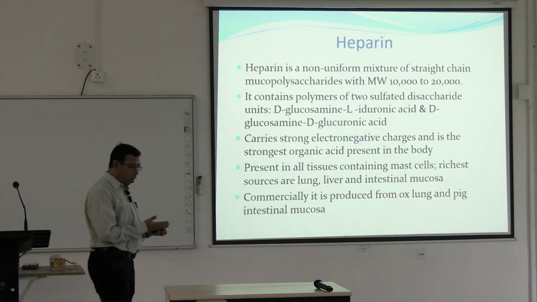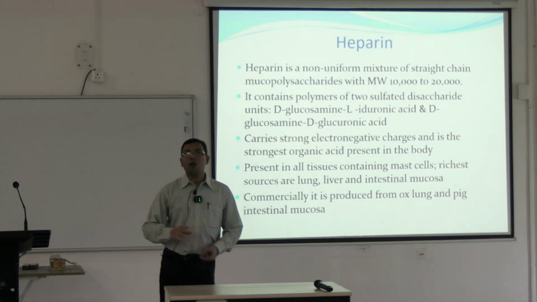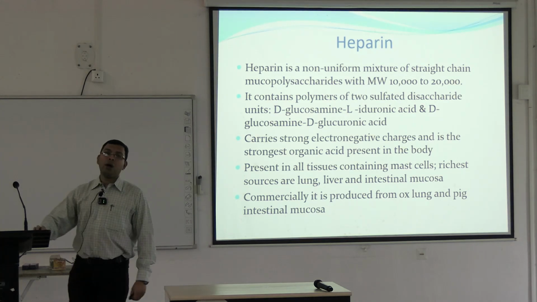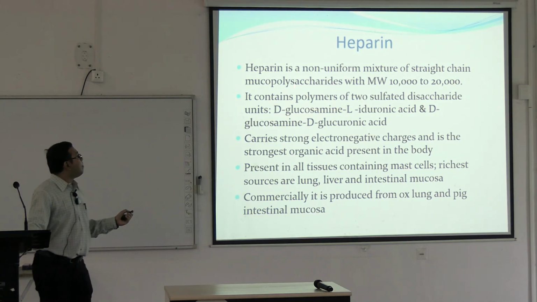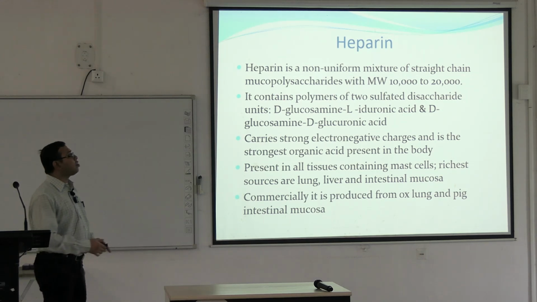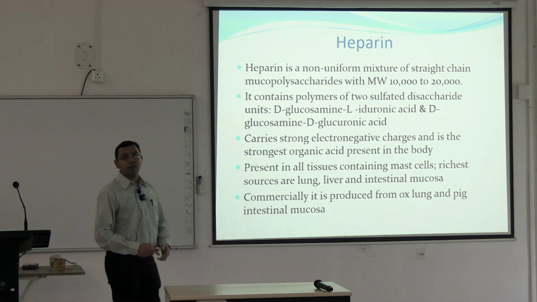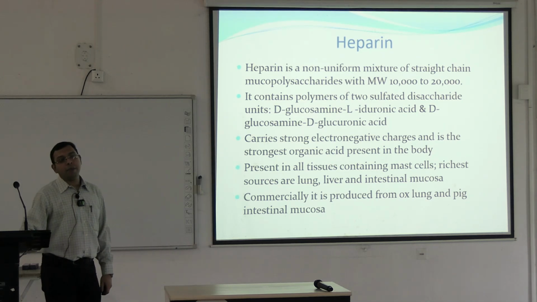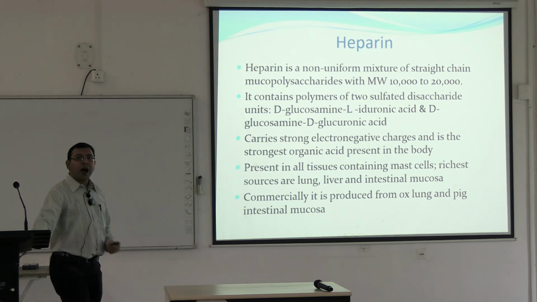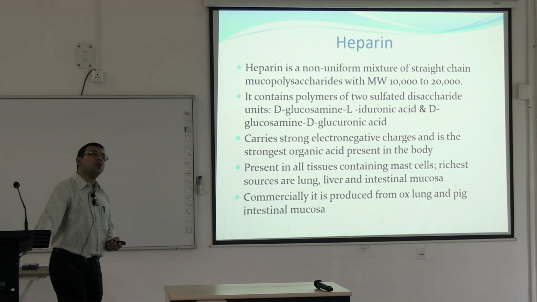First, coming to heparin. You have heard about heparin in physiology and biochemistry also. Heparin is basically a non-uniform mixture of straight chain mucopolysaccharides, basically glycosaminoglycans, as you have read in biochemistry. It has a high molecular weight, approximately 10,000 to 20,000.